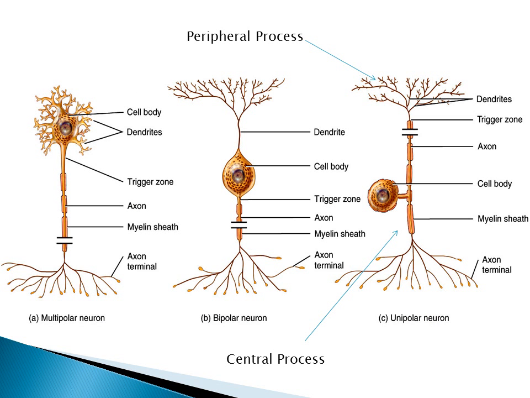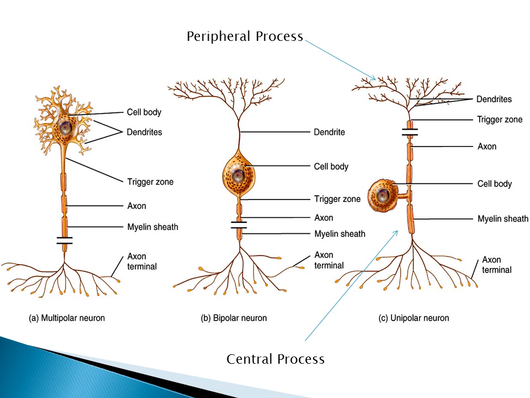Now, the afferent neurons that we're dealing with fall into a classification known as unipolar neurons. Typically when we think of neurons, we think of a cell body at one end, an axon coming off of the cell body, and then receptive endings known as dendrites at the distal end of the axon.